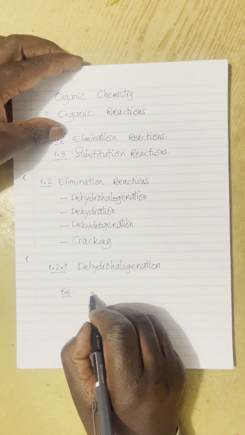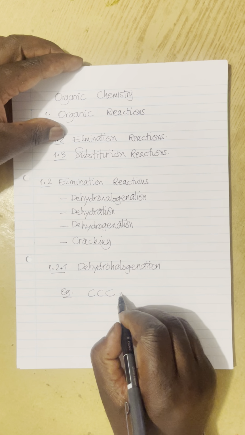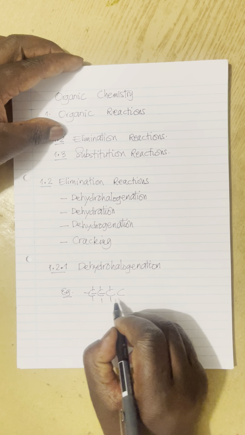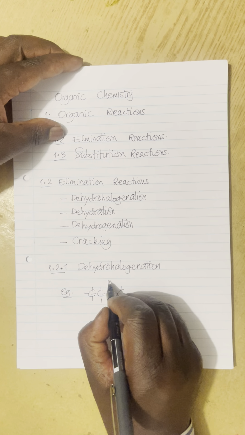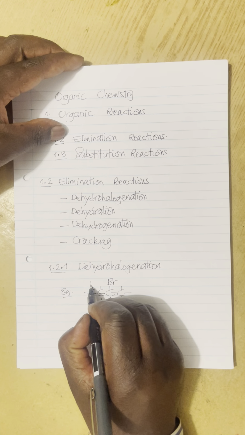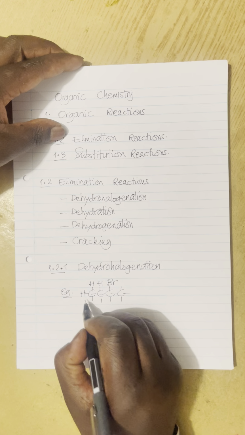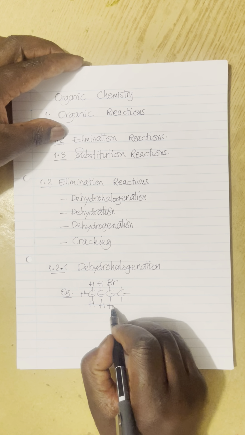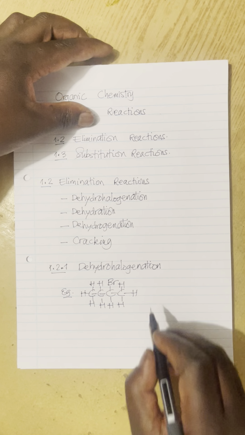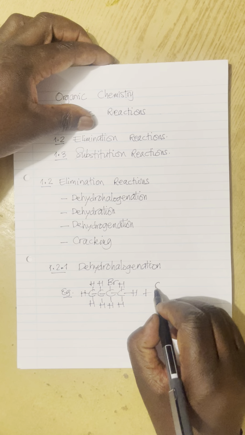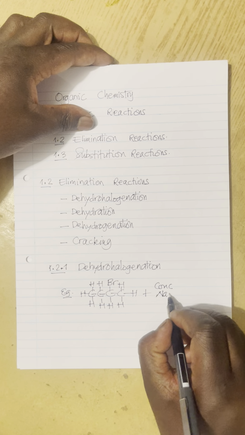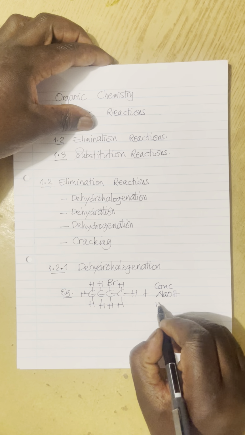So let's consider this one here, which is 2-bromobutane, reacting with concentrated strong base, for example, sodium hydroxide, in alcohol.